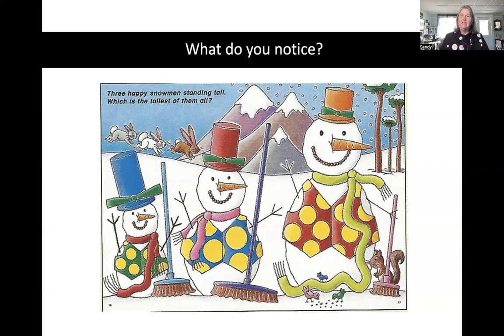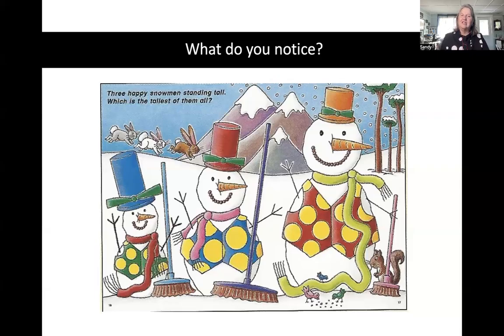Now, if you'd like, pause the video and take some time to really look at the picture and all the math in it. Notice 3 different heights of trees, 3 rabbits with their cottontails, all different sizes, their ears different lengths, the mountains, small, medium, large. The bows on the hats are different. The sizes of the top hats are different.